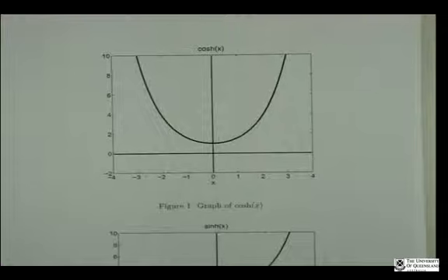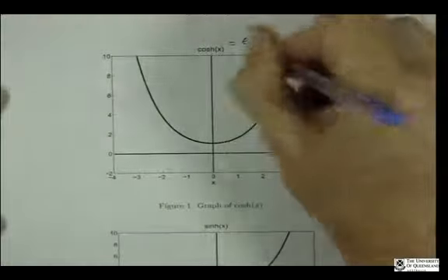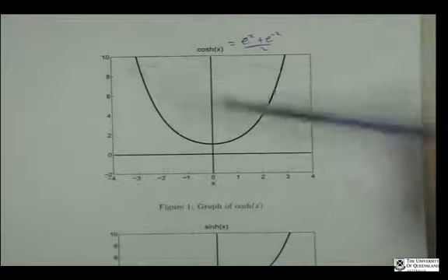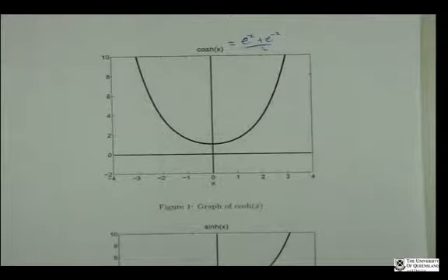So for example, the cosh function, remember this is e to the x plus e to the negative x on 2, being a linear combination of those two exponential functions. You should be able to work out that in this case, cosh of x is defined for any x, but only takes on values greater than or equal to 1.